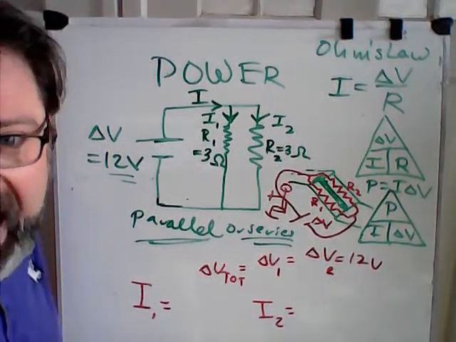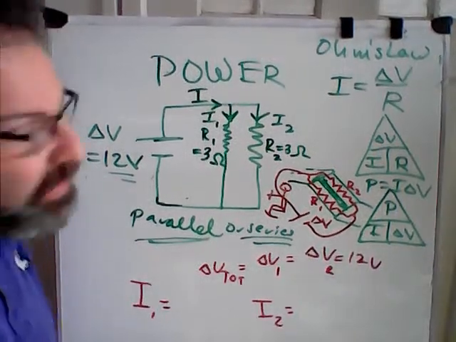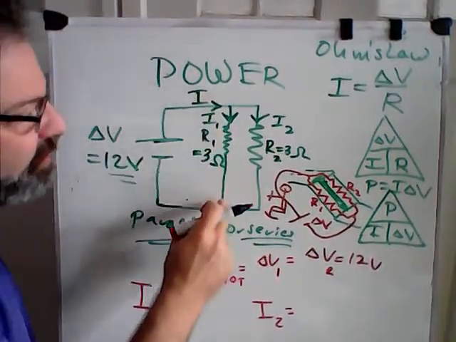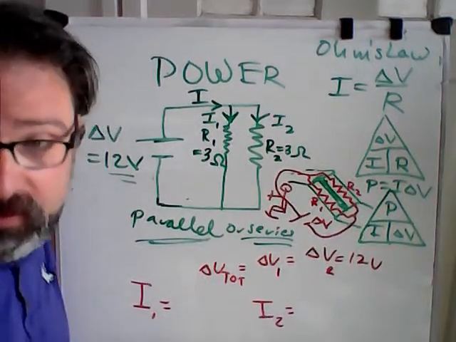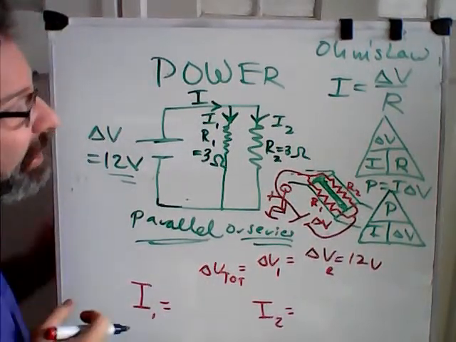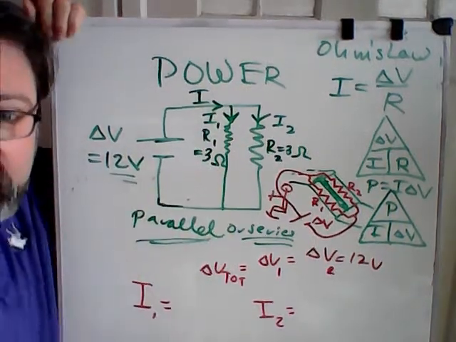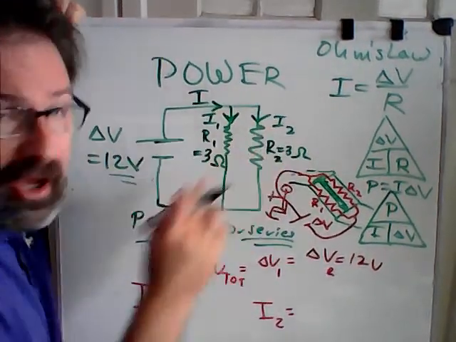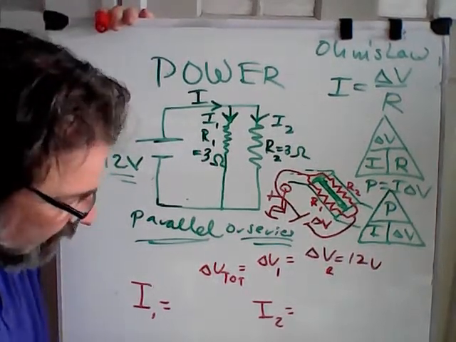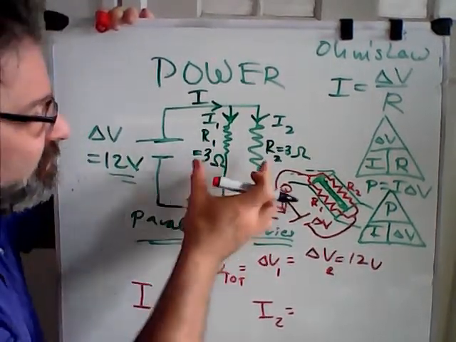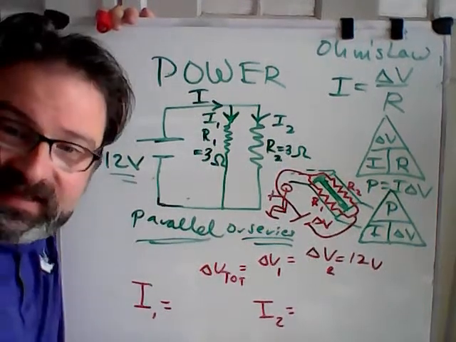Okay, Theo says half, and when you say half, Theo, I think you mean half the current goes this way, half the current goes that way. But what's the exact number of how many amperes travel through resistor 1, and how many amperes travel through resistor 2? Hint, it's the same number because it's the same resistance.